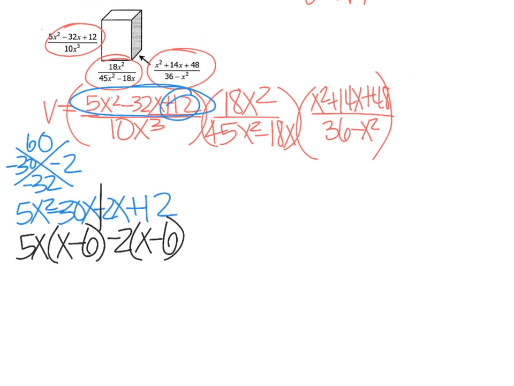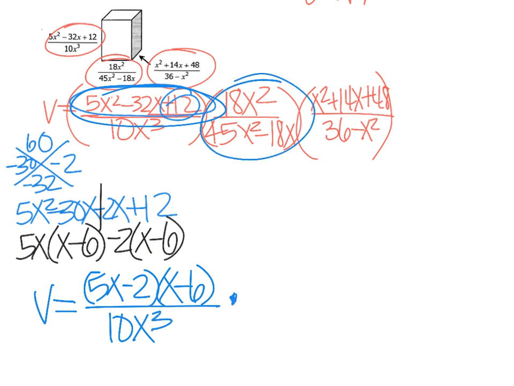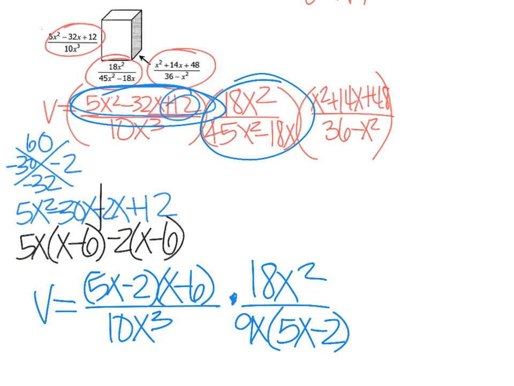All right, so if we're rewriting this, we get that volume equals 5x minus 2 times x minus 6 over 10x to the third, times 18x squared, which can stay the same. 45x squared minus 18x, we can take out a GCF of 9x, and we're left with 5x minus 2.